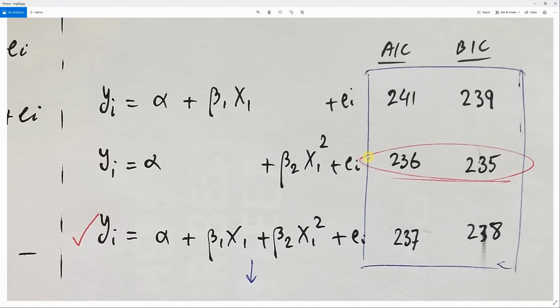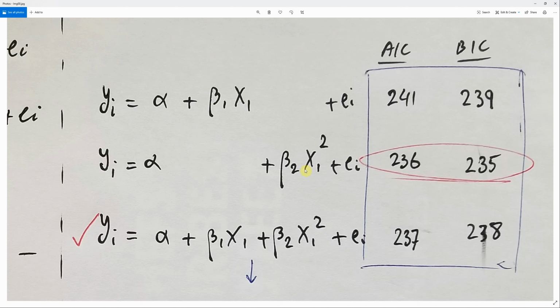But what we're talking about is that because the highest order in this polynomial function of second order, which is a quadratic function, is significant, you want to include it in the formula. And overall, this equation ends up being better based on AIC and BIC.